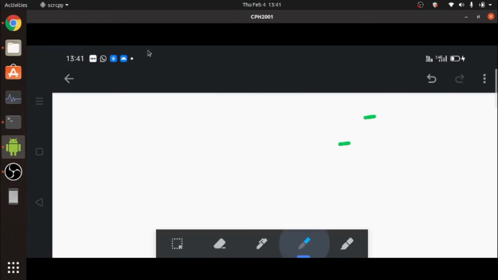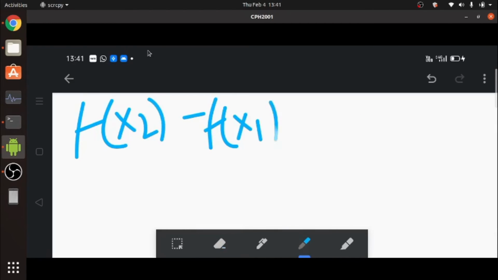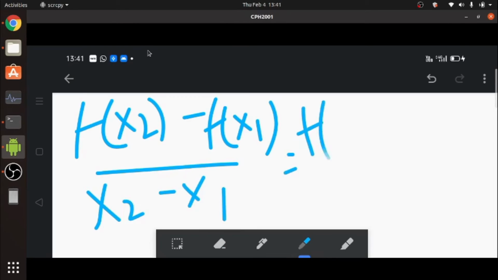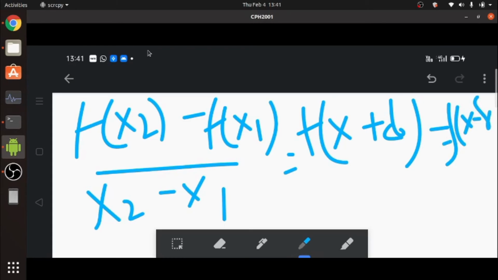So we will just calculate. f(x2) minus f(x1) by x2 minus x1 equals f(x plus delta) minus f(x minus delta), by 2 delta.